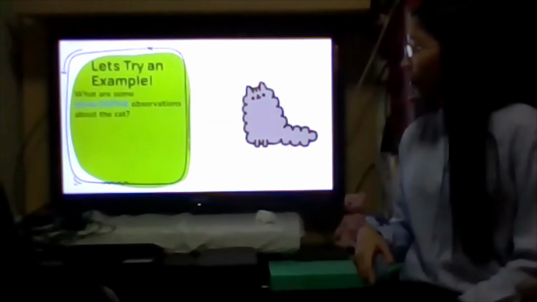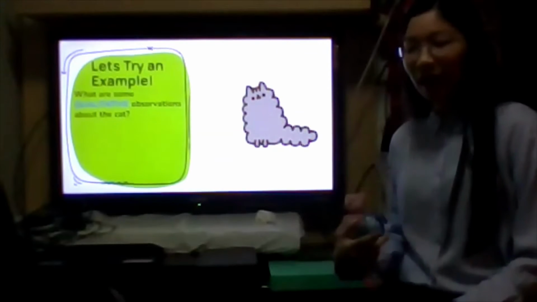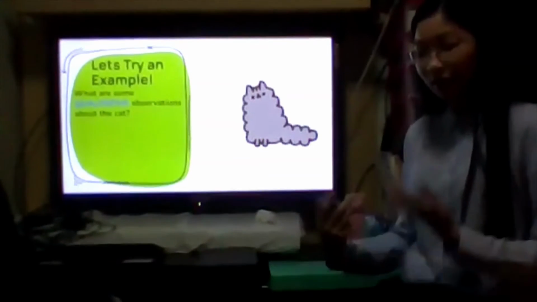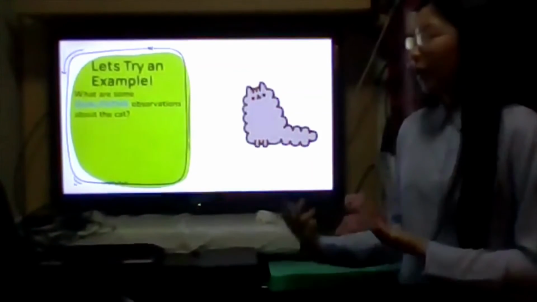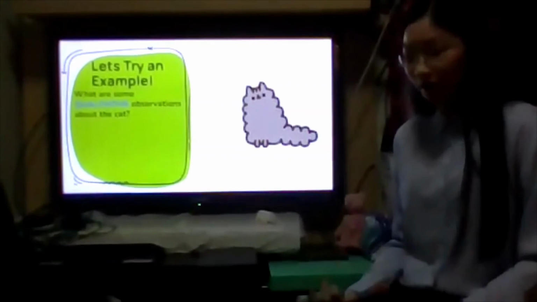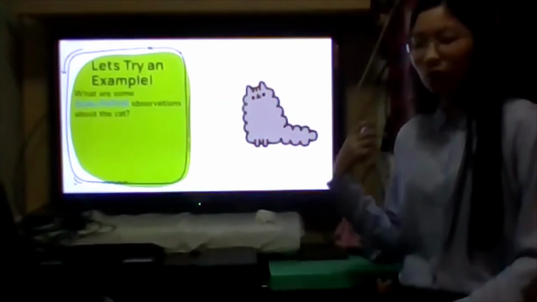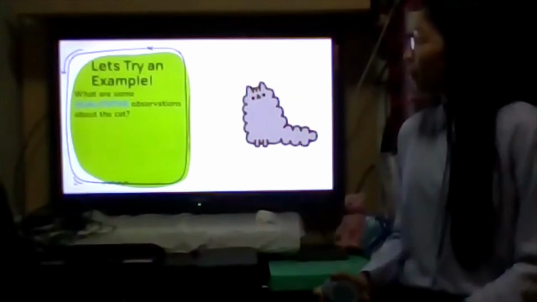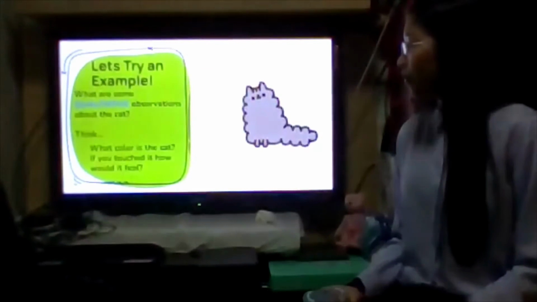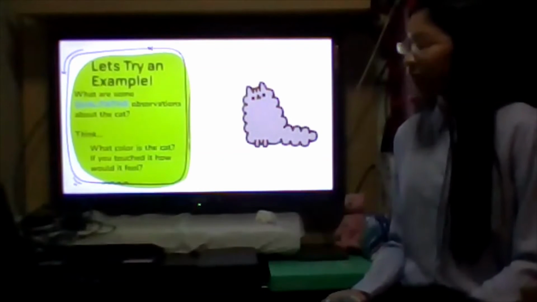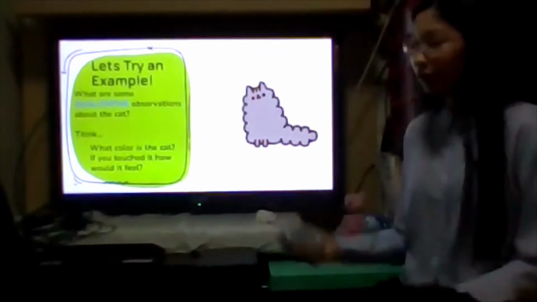You're kind of jumping the gun here. When you say the cat has 2 legs, do you see that there's a number in there? That means that it's a quantitative observation. So for a qualitative observation, remember, we use words. You could think about what color the cat is, or how the cat would feel if you touched it.